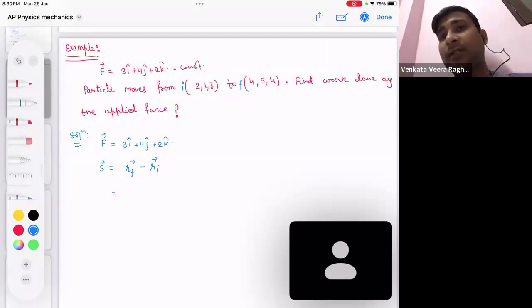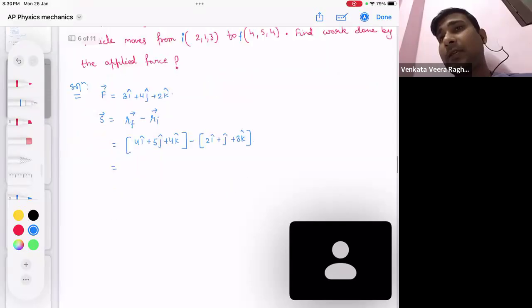The final position is (4, 5, 4). In vector form, it will be 4 i cap plus 5 j cap plus 4 k cap, minus the initial position, which is 2 i cap plus j cap plus 3 k cap, right? Just find out the difference in the vector.